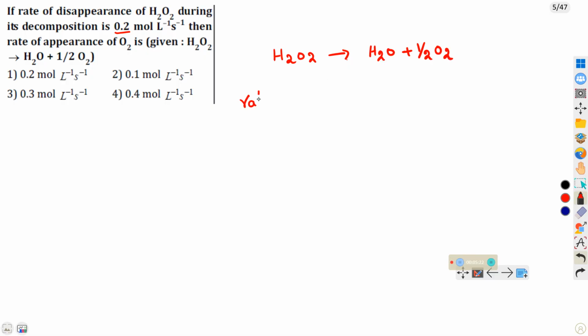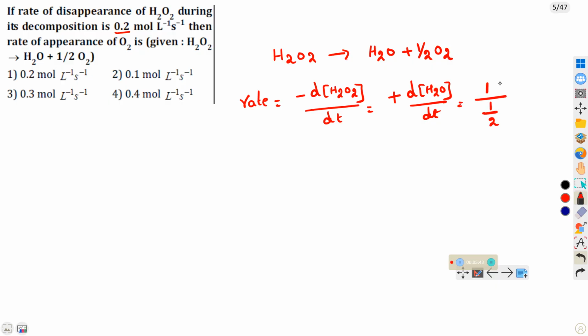The rate is equal to minus d[H2O2] by dt is equal to plus d[H2O] by dt is equal to 1 by 1/2 d[O2] by dt.